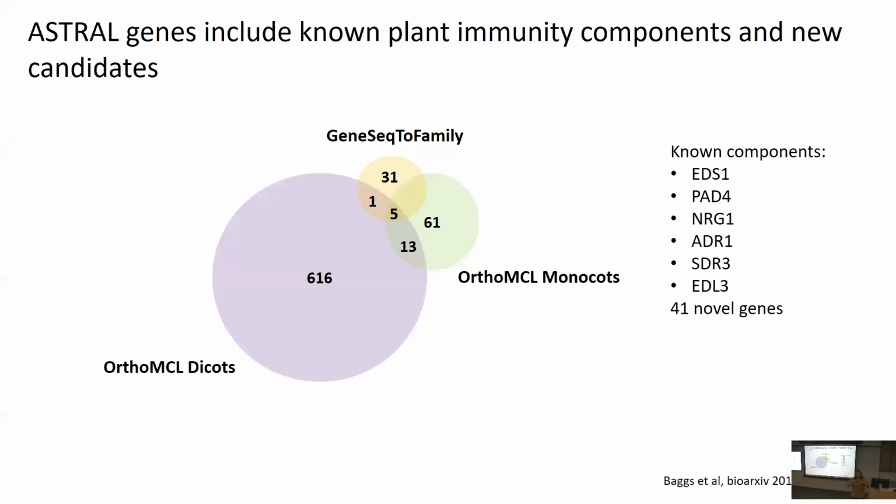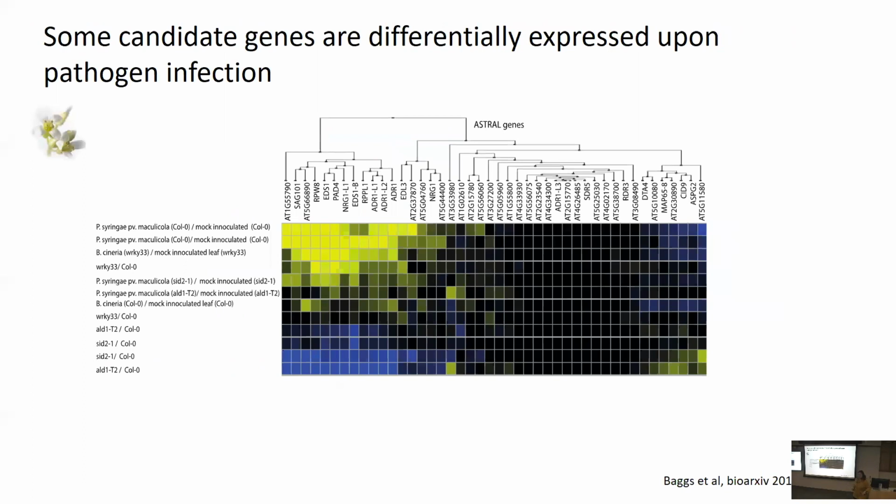And we looked at the conditions under which significant groups of these genes are differentially expressed. Basically, only 2 conditions came up. One was biotic stress. We were happy, we are digging in the right place.